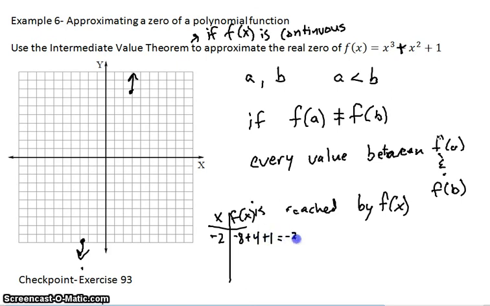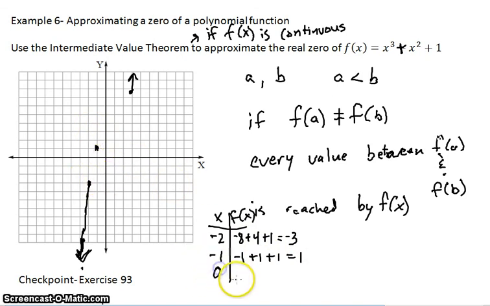That equals -3. So I'm very close to the x-axis. So it goes down very quickly. If I plug in -1, I get -1 plus 1 plus another 1. That equals 1. So I've crossed the x-axis at some point here, between -2 and -1.